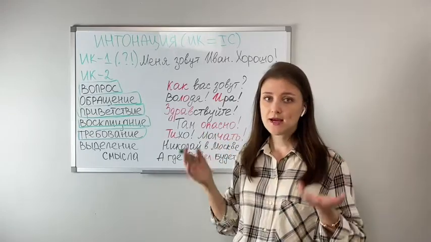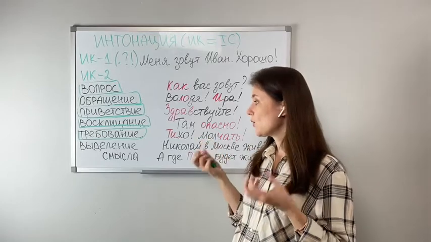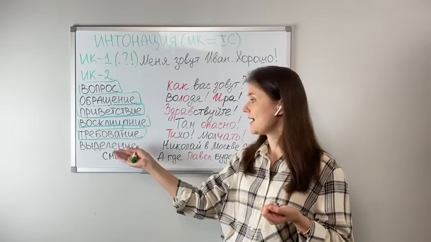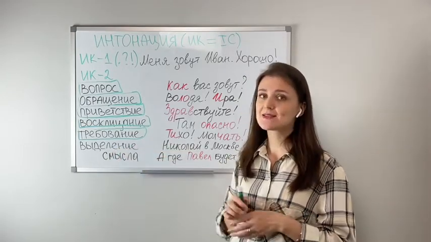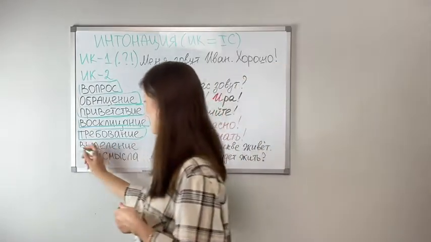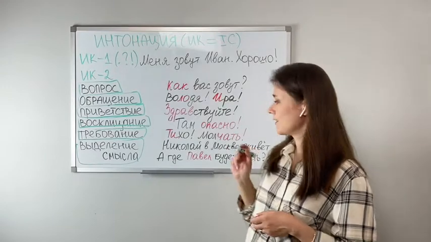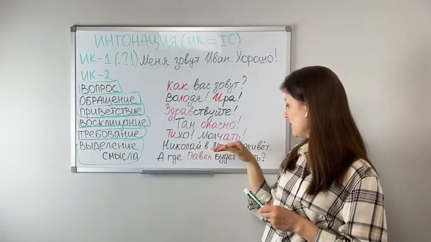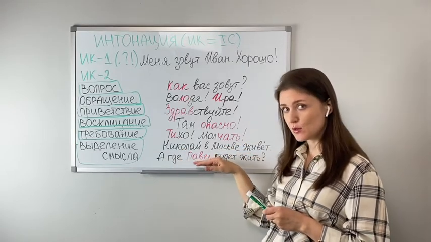And finally, we use this intonation construction when we highlight the sense. Highlighting of sense in Russian is выделение смысла. For example, Николай в Москве живет, а где Павел будет жить?